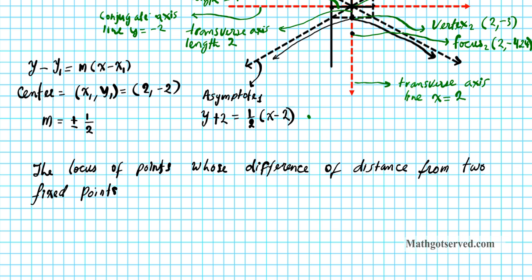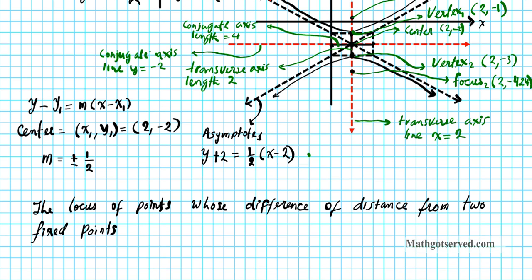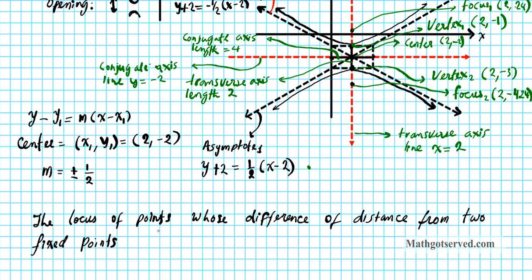Okay, from two fixed points, what are our foci again? Points 2, 4, and 2, negative 4.24. It's constantly the length of the transverse axis.